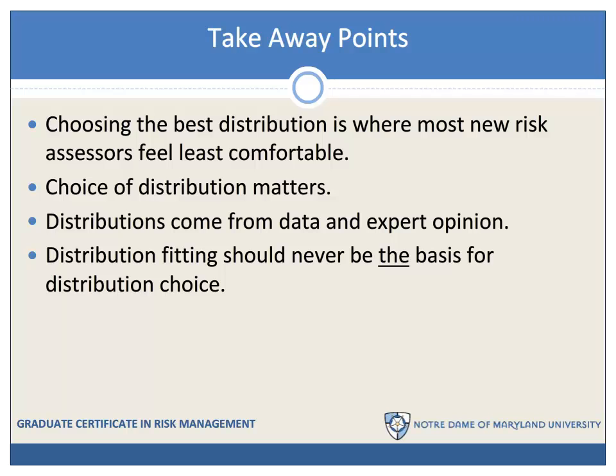And the choice of a distribution does matter. Distributions generally come from some mix of data and expert opinion. The more data we have, the less expert opinion we need, and vice versa. And remember, distribution fitting using goodness of fit tests should never be the basis for your choice of a distribution.